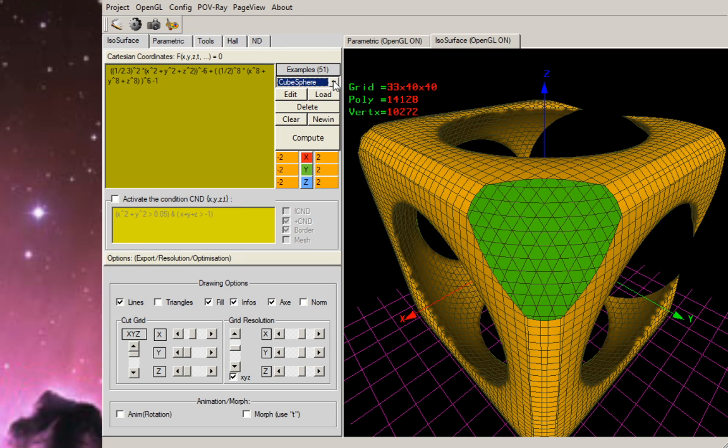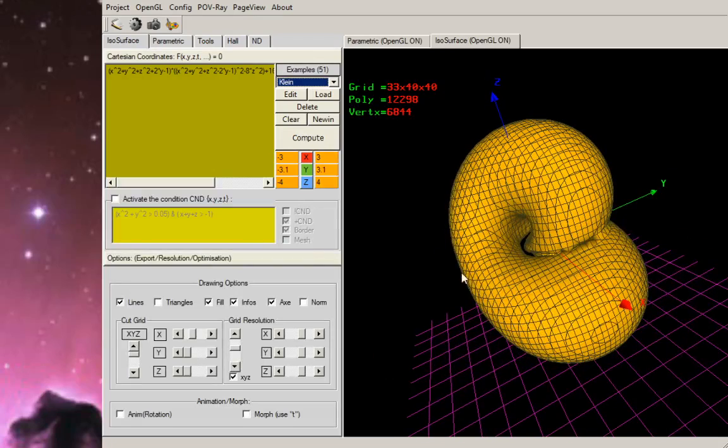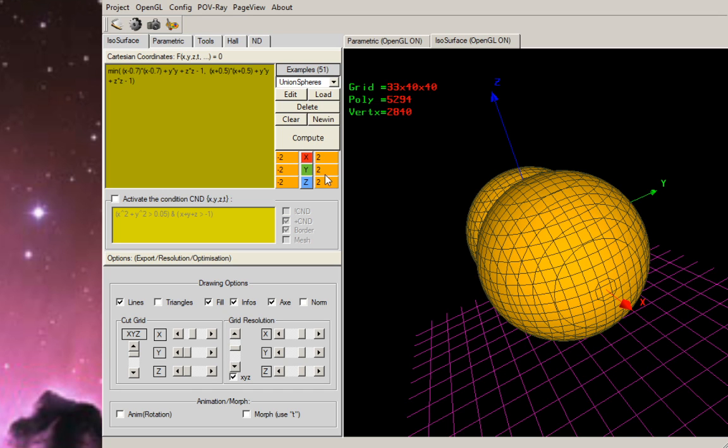Cubic sphere. Klein bottle. Ding dong. Diamond.